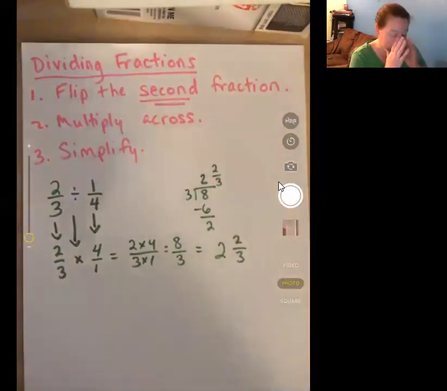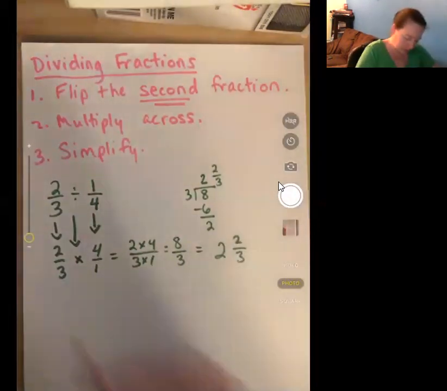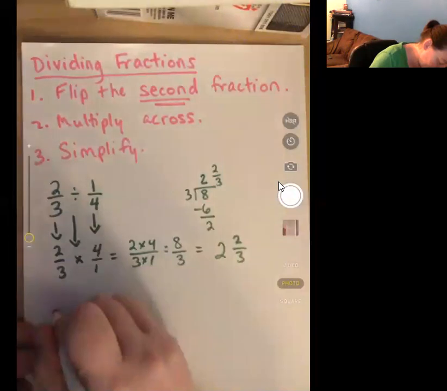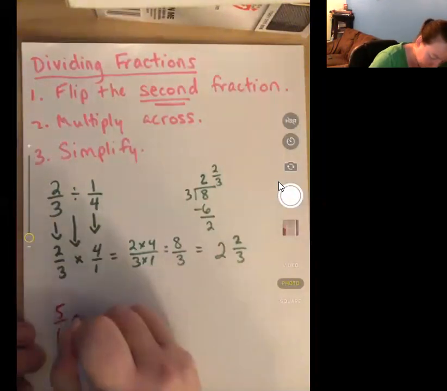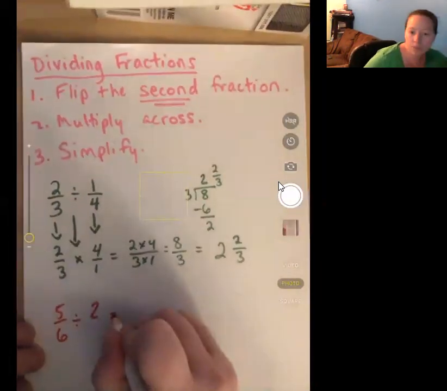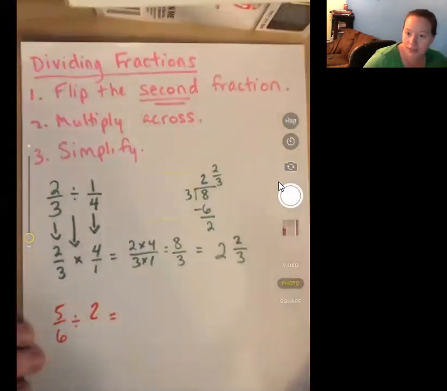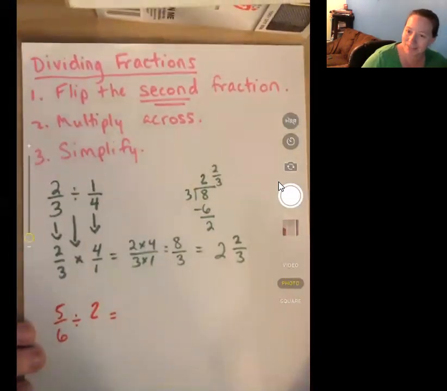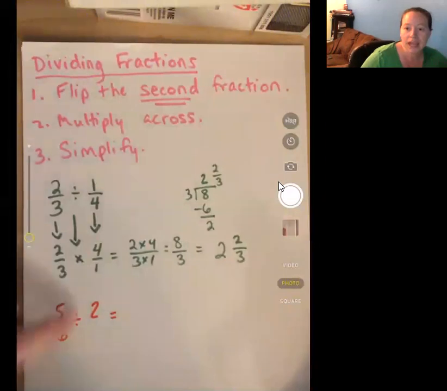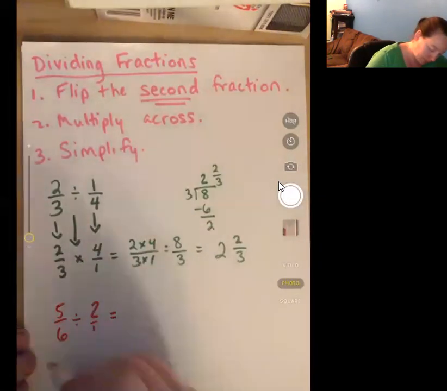What if we have this? Let's go with 5/6 divided by 2. I hear you. Those aren't both fractions. Yeah, but one of them is, and so we have to treat them both like they're fractions. Remember that 2 has an invisible 1 right underneath it. So we bring it down. 5/6 stays the same.